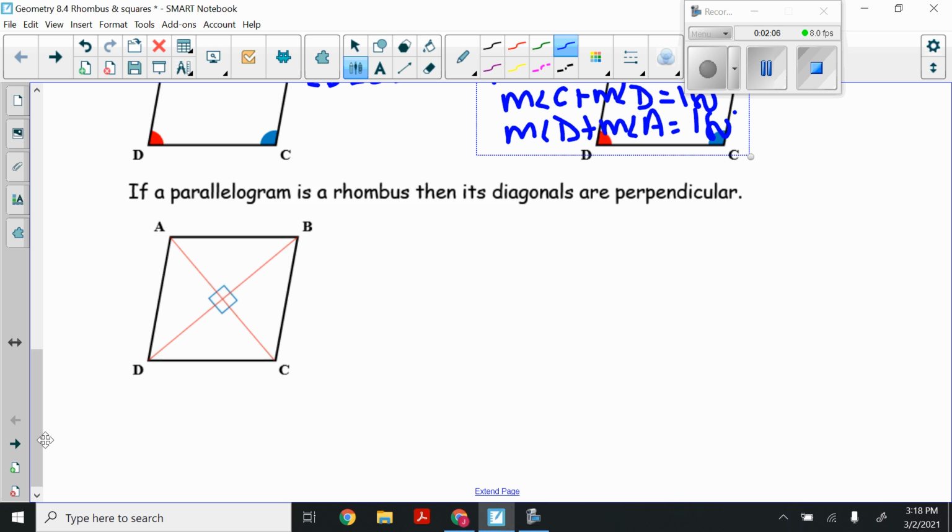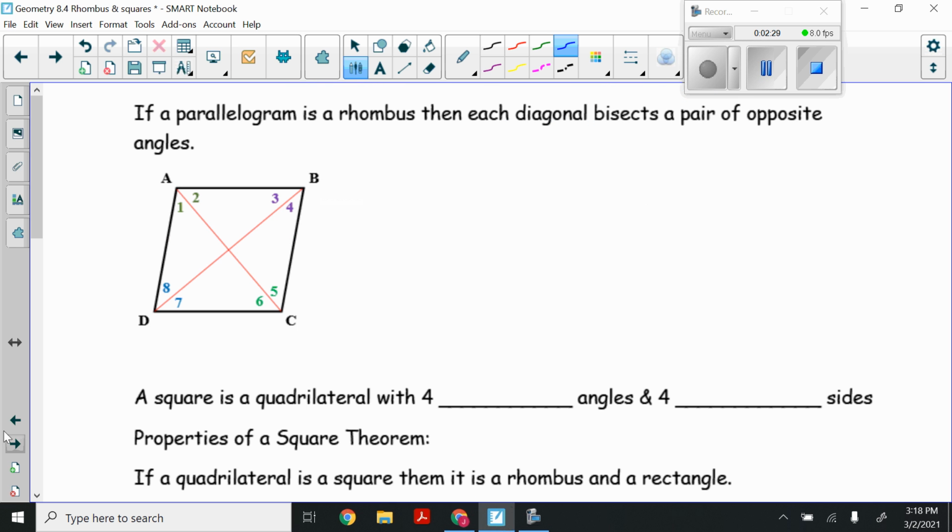And now we also know that if a parallelogram is a rhombus, then its diagonals are perpendicular. So we're going to call this point E, where all of our diagonals intersect. So then I would know that AC is perpendicular to BD. All right, so turn it over.